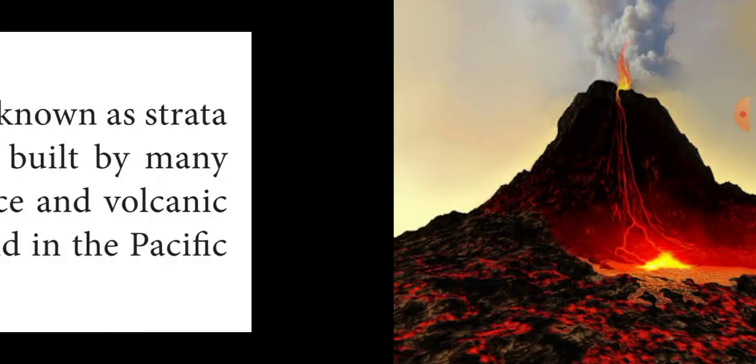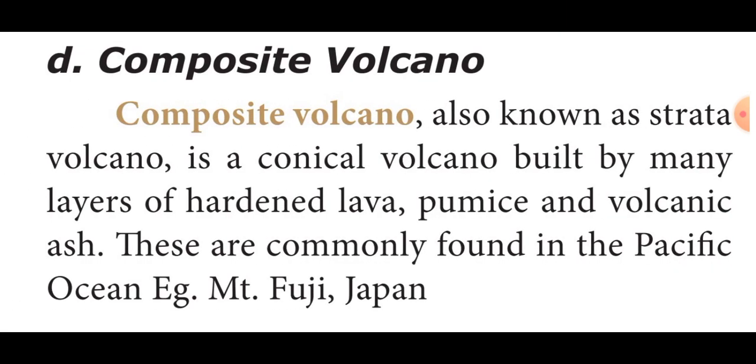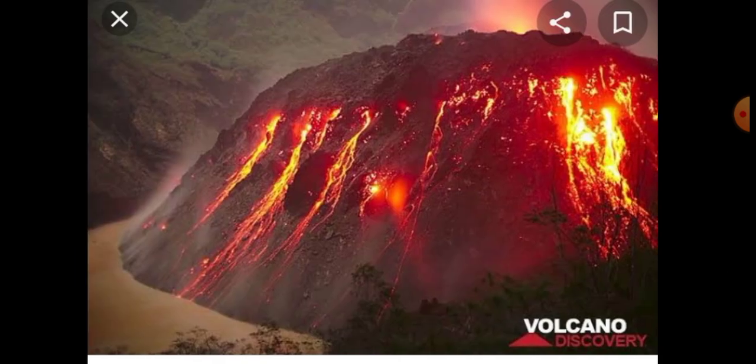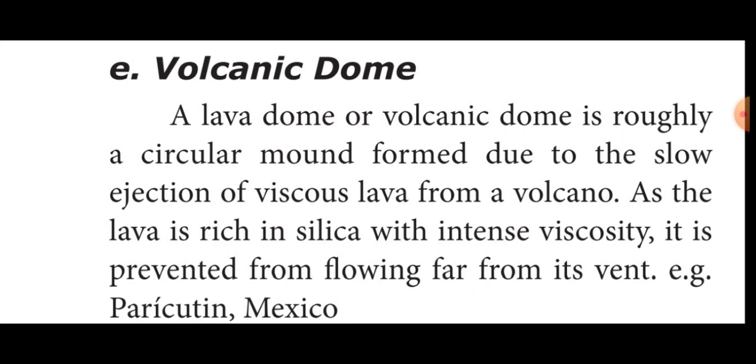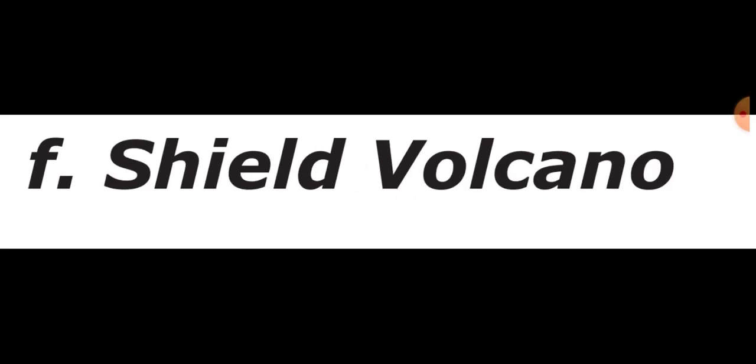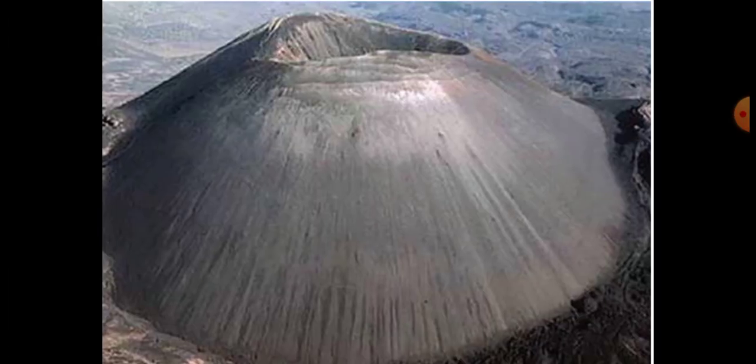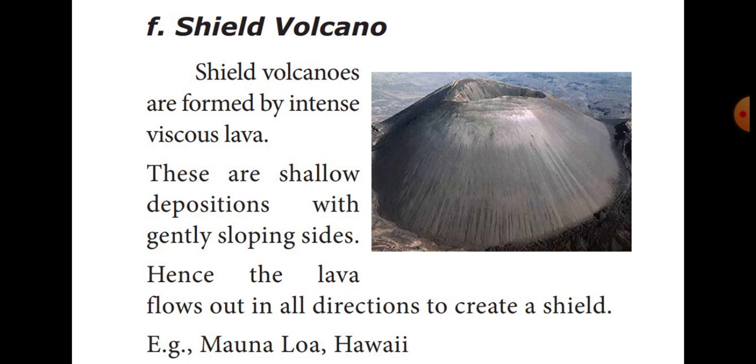Volcanic dome has a circular shape. Shield volcano is formed because lava flows out in all directions, and it creates a shield shape.